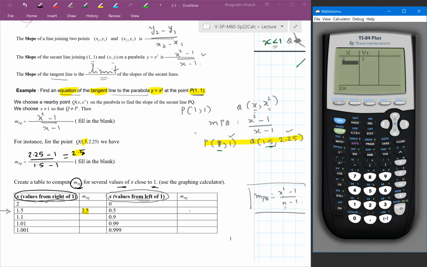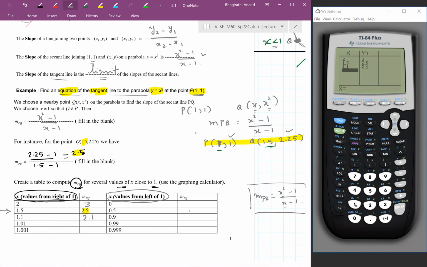You're going to input the x values that are shown in the table here. So let's plug in the value 2 and hit enter. That gives me 3. That is actually the slope. So what is Y1? Y1 is actually the slope, with the slope formula we wrote. Then 1.5, which we already computed, just to make sure that we did it right, is 2.5. Then you plug in 1.1, hit enter, that is 2.1. I'm writing that in the table as well.